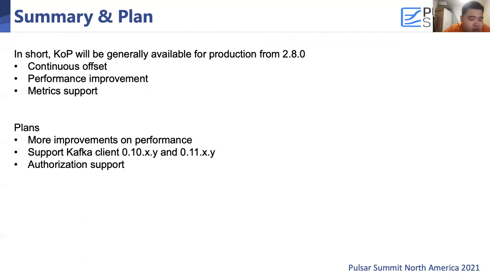In future, we will make more improvements on performance and support Kafka clients with lower versions like 0.10 and 0.11. And currently KOP only supports authentication, but does not support authorization. So we will support authorization.